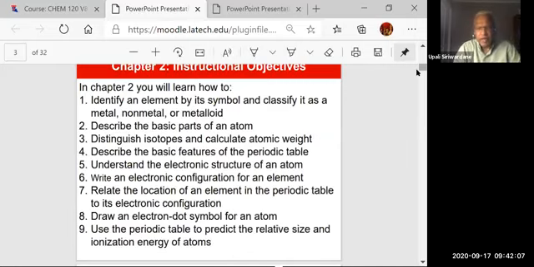You do an average calculation. Now you need to be able to describe the periodic table in terms of groups, periods, S blocks, P blocks, atomic orbital blocks, and different classifications. What are actinides, lanthanides, transition elements, things like that. Now you should be able to write an electronic configuration for an element using the periodic table.